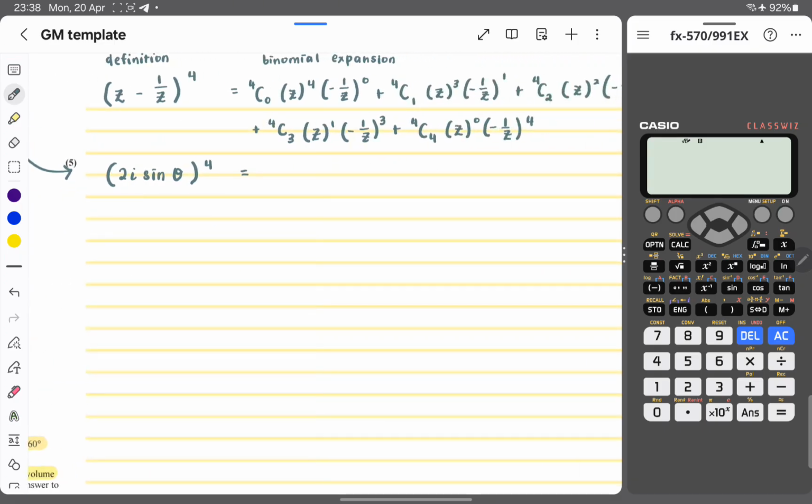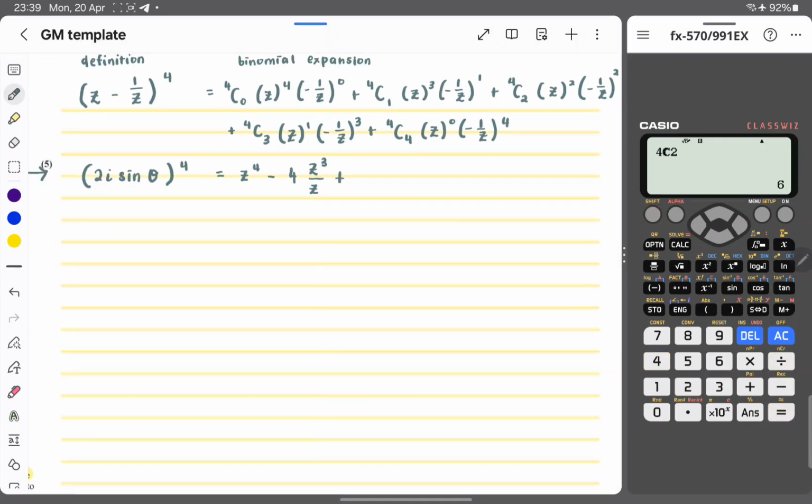Okay, so let's do this. 4c0, that would be 1. So z to the power of 4 here would be minus 4c1, that would be 4. We'll get z cubed over z plus 4c2.